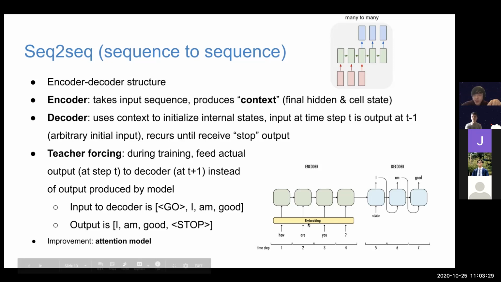So for the "how are you" example, there would be 4 hidden states associated with 4 different time steps. And then the decoder takes those and tries to associate each time step with some combination of those. So maybe it thinks that for the first time step, the hidden state associated with "how" is really important, and the hidden state associated with "are" is a little bit less important, and the hidden states associated with "you" and the question mark are not very important.